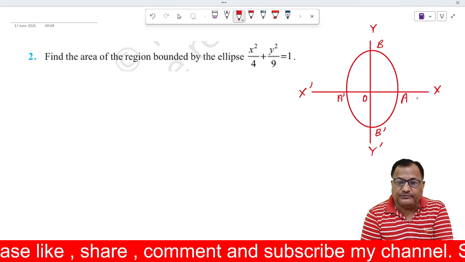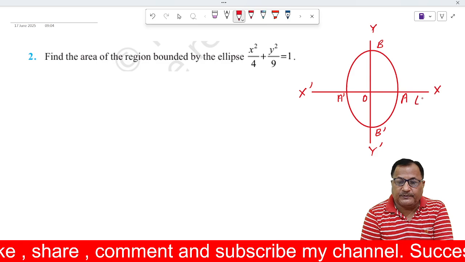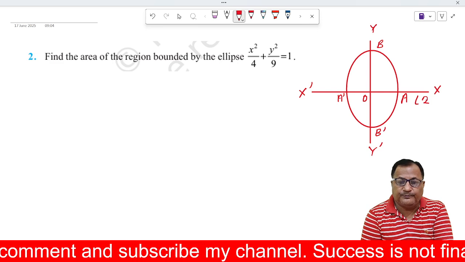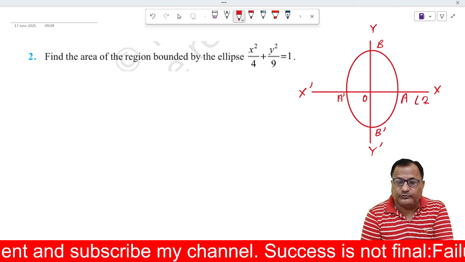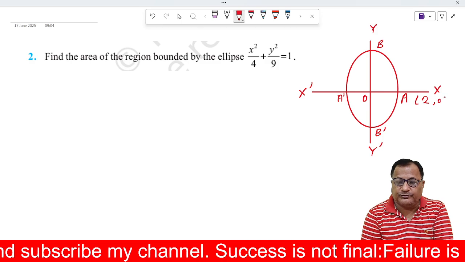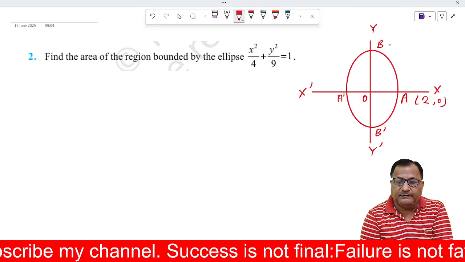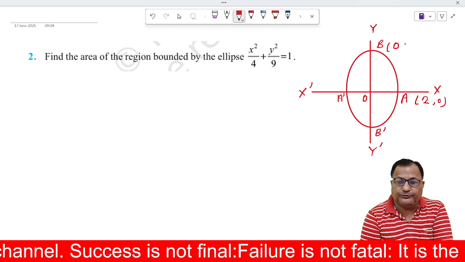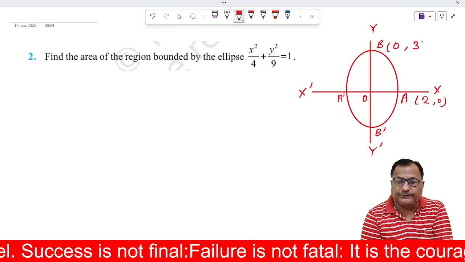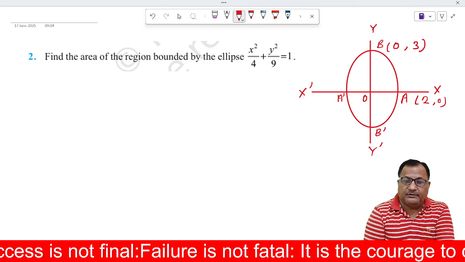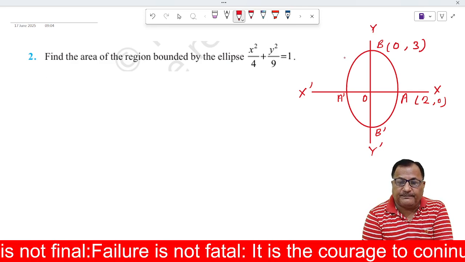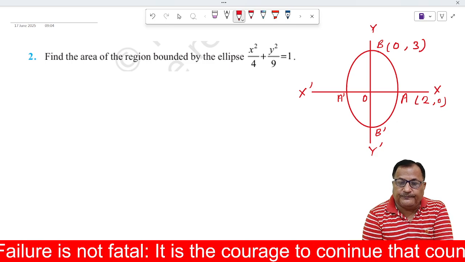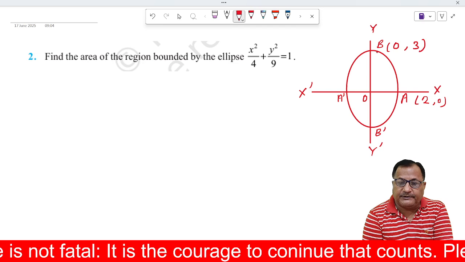Coordinates of these will be 2, 0, because here it is 4, so 2, and here 0, 3. We have to find the area of the region. So we will take a point C here.